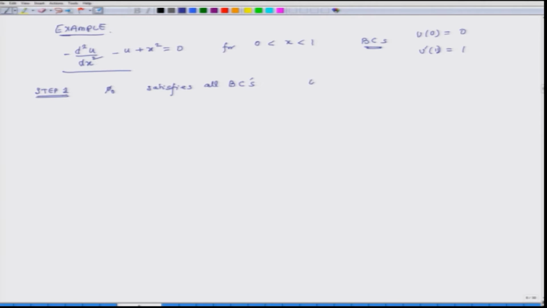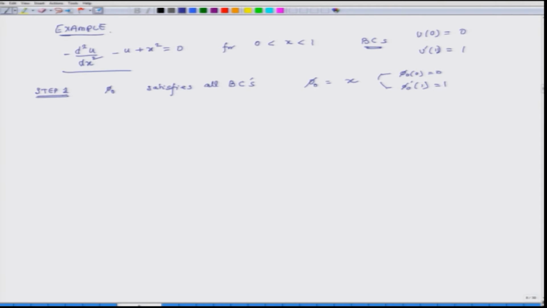So we choose phi naught equals x, it meets both the boundary conditions. The second boundary condition u prime at 1 equals 1 is a non-homogeneous boundary condition. The first boundary condition is a homogeneous boundary condition, okay. So we see that phi naught at 0 equals 0 and phi naught prime at 1 equals 1, okay.